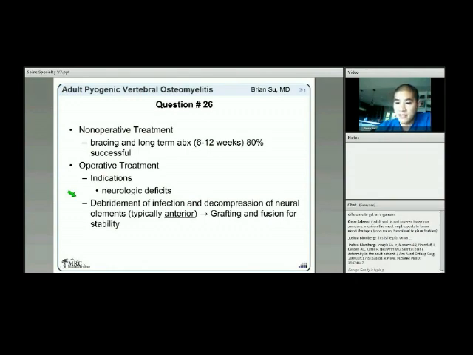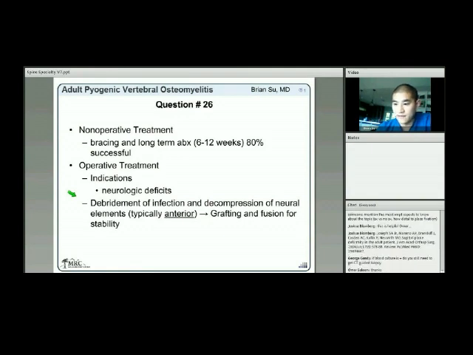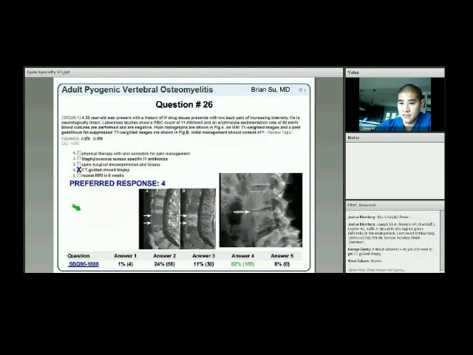If you debride the disc space and you take out bone, you do have to graft it and you can fuse them for stability. And that would be the answer. Once again, just like epidural abscesses, it is okay to instrument in the setting of infection.